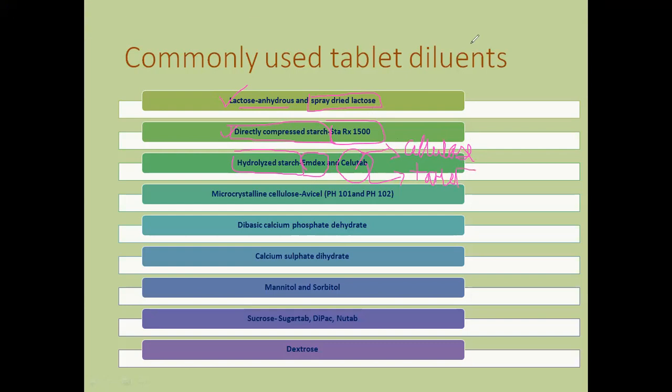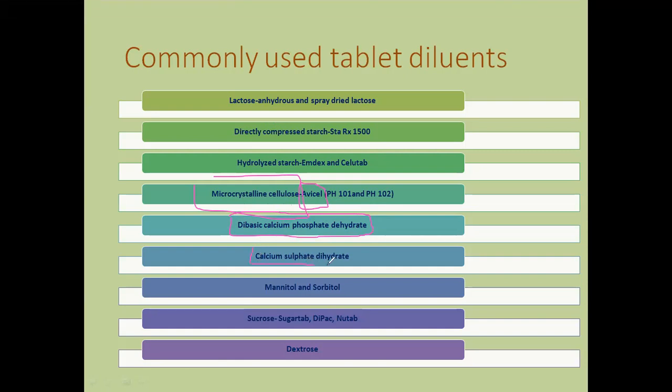Then we have microcrystalline cellulose, which has the brand name Avicel. It is available in two grades, pH 101 and pH 102. Then another type of diluent used in tablets includes dibasic calcium phosphate dihydrate.